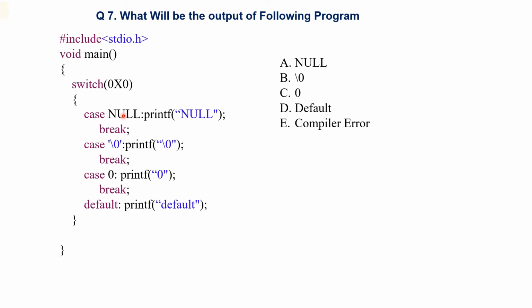That means we cannot use the same case values in the same switch statement. So therefore this program will generate a compiler error and does not produce any output. So hence the correct option for this program is option E, that is compiler error.